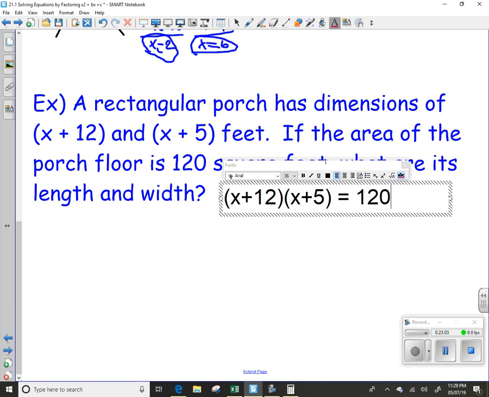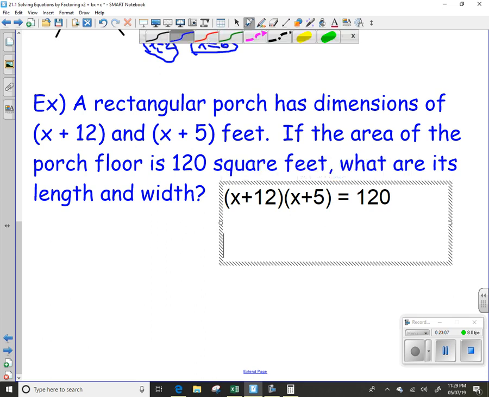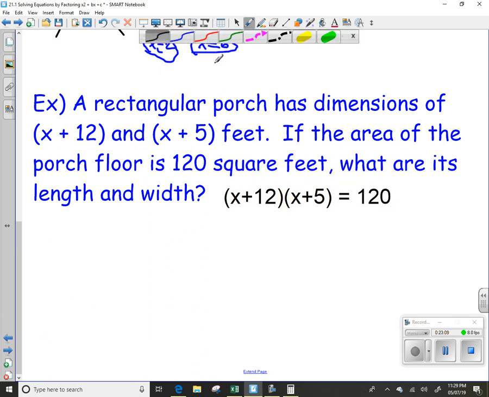Well, first, I'm going to have to do my FOIL, my multiplication. Remember FOIL or distributive property, a lot of you guys have done it. I'm going to have to multiply this out. So I'm going to have to do x times x and x times 5, and then 12 times x and 12 times 5.